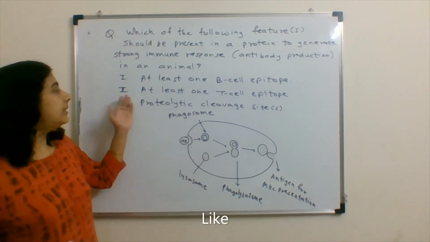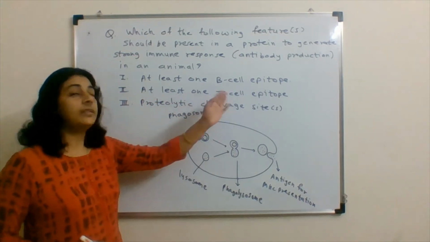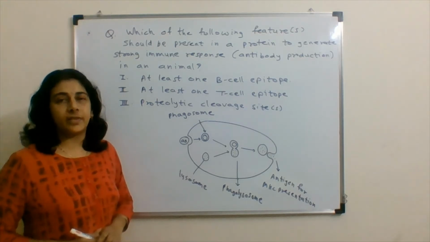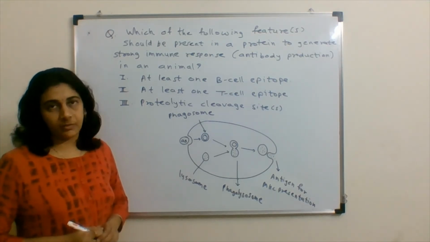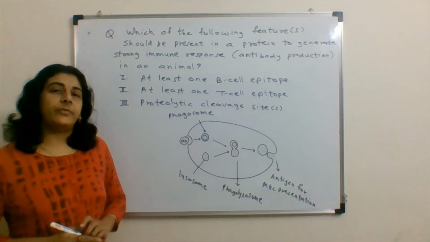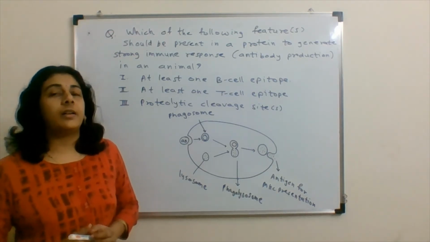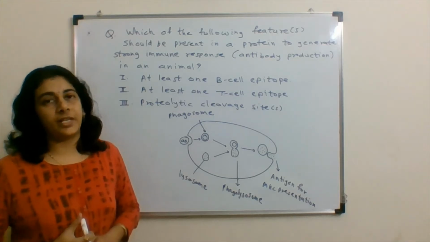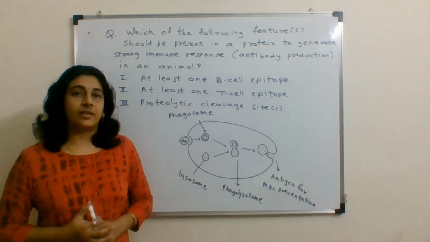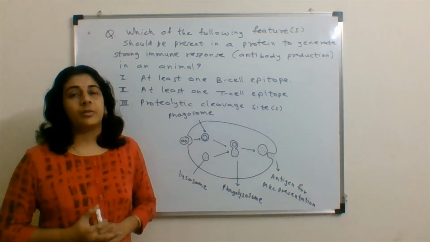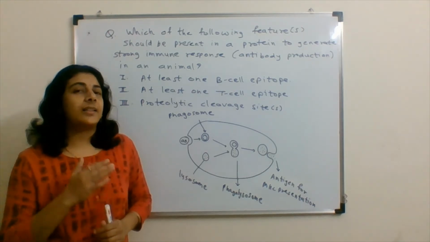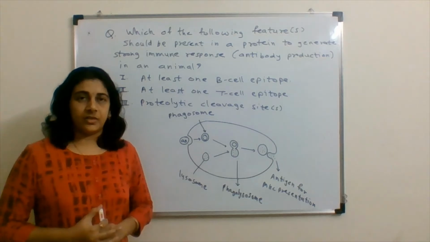See, secondly, at least one T cell epitope is required. So if we remember the T cell recognition of antigen, how T cell recognizes the antigen, what do we come to know? T cell directly cannot recognize the antigen.